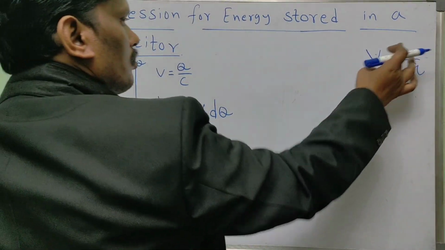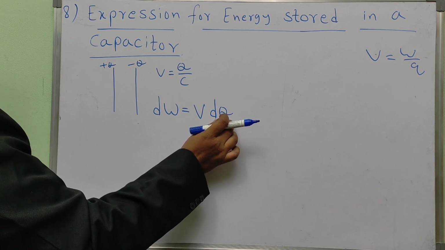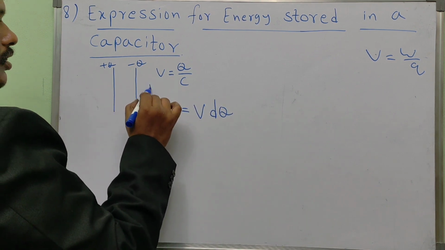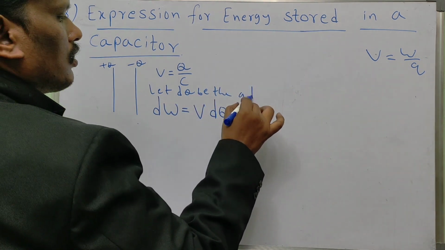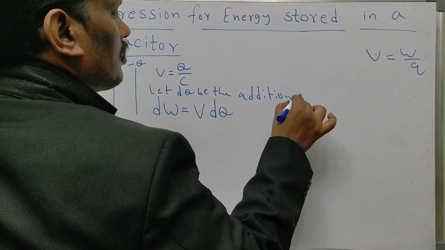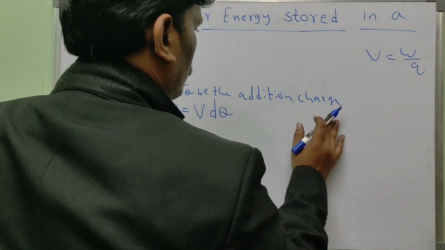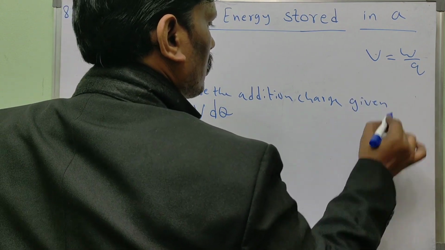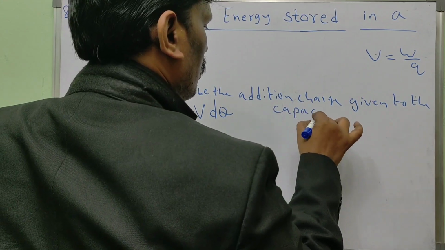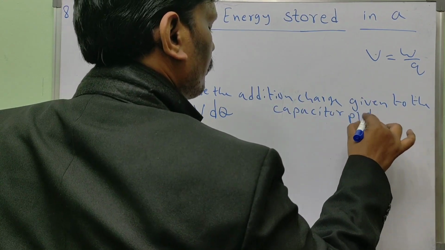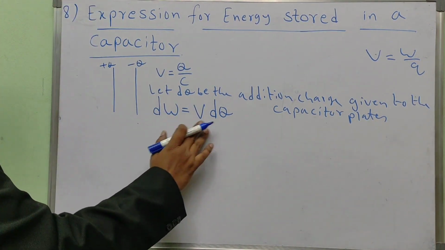So work done is equal to potential into charge. Let dq be the additional charge given to the capacitor plates. What is the work done required for that? dW is equal to V dq.